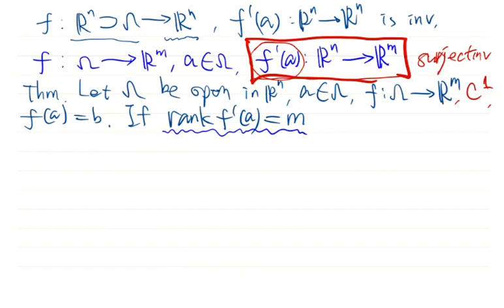So this is the surjectivity assumption for the linearization. In this case, we conclude that B is an interior point of the image of F. So this is the conclusion of this theorem.